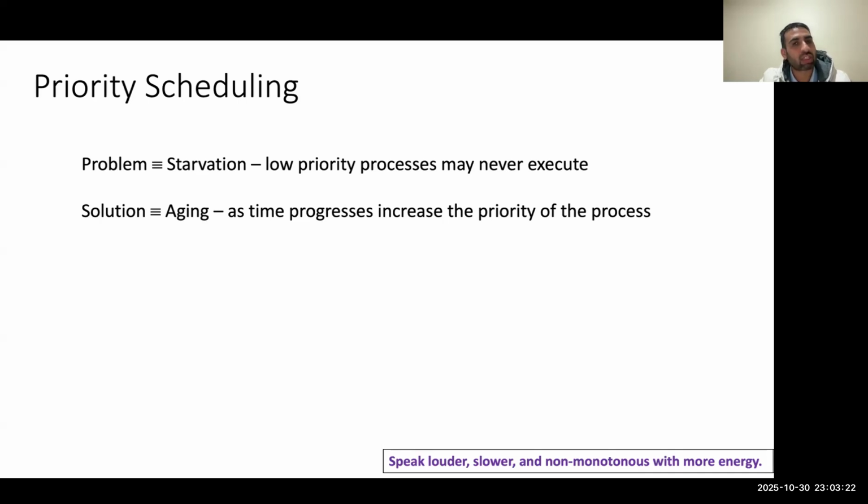If next time a scheduling decision is made it still doesn't get the chance, you increase its priority from 2 to 3, then 3 to 4, and so on. Finally it will reach 10, and when its priority reaches that level, it is the highest priority process and it will run ultimately.